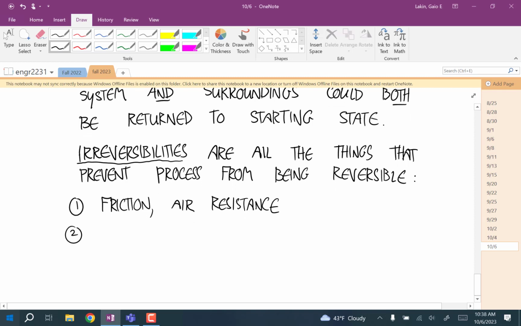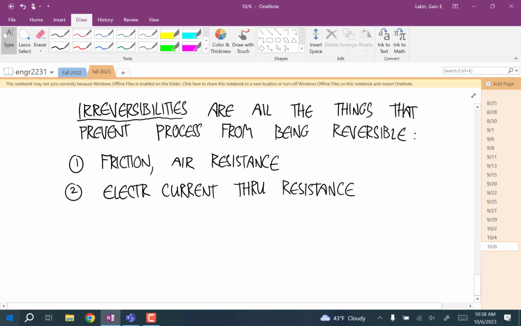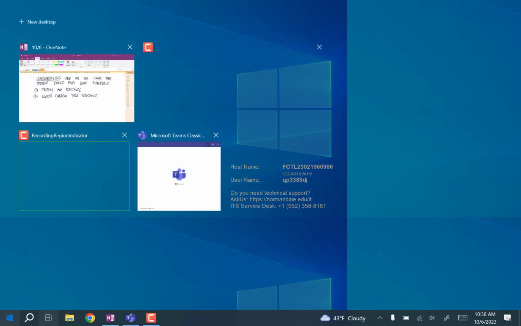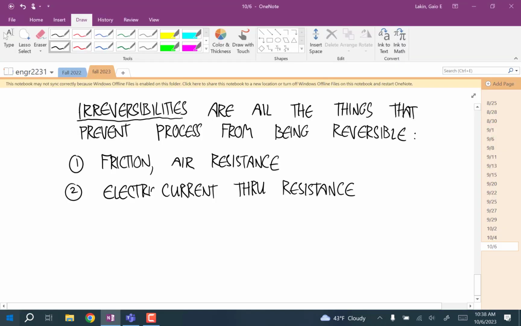The second one is electric current through a resistance. The third one is inelastic deformation.